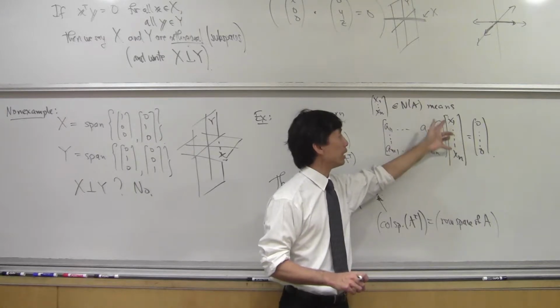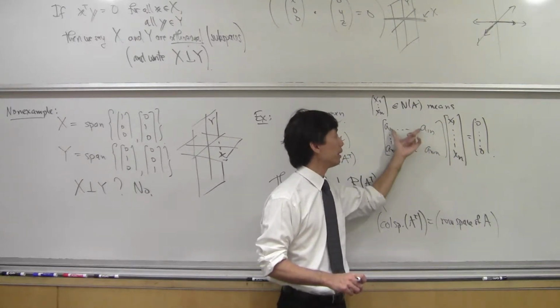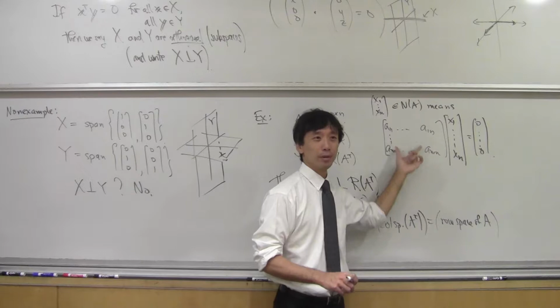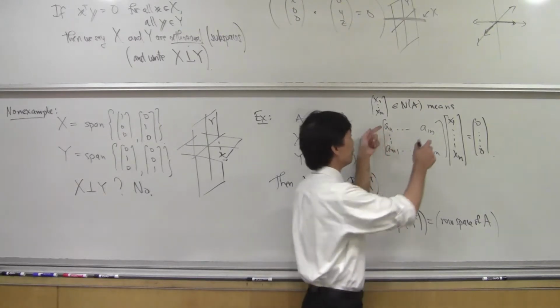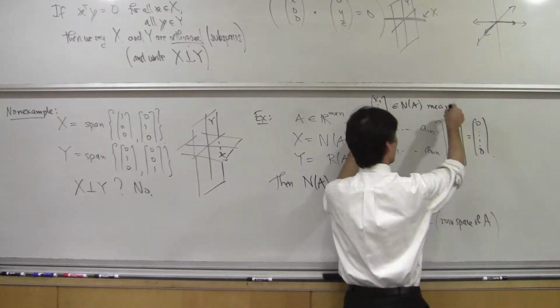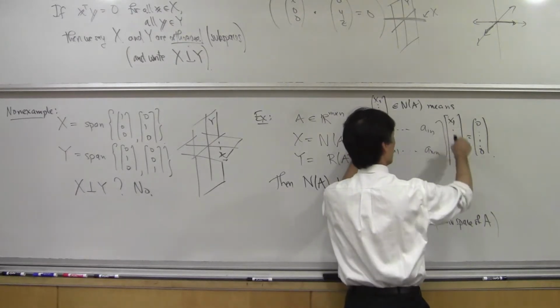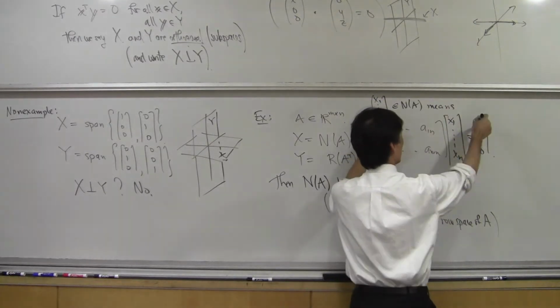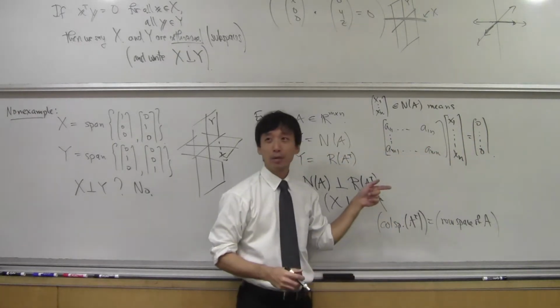being in the null space of A means that you're perpendicular to every row, right? This first row of A is perpendicular to x. Second row, when you take the dot product, you get 0, right?